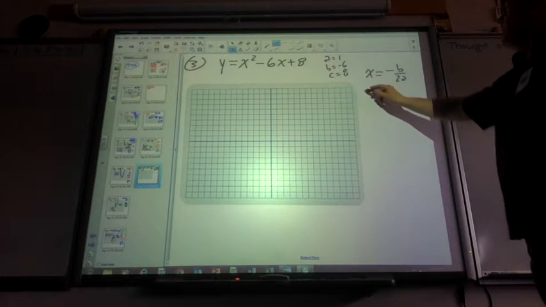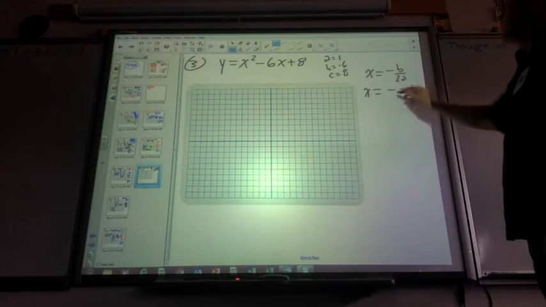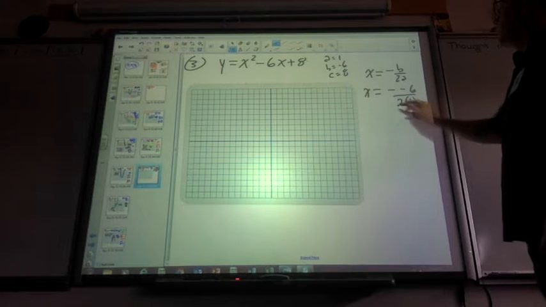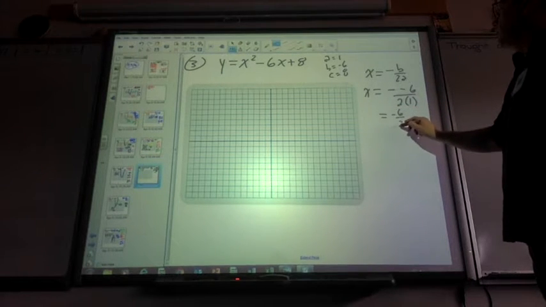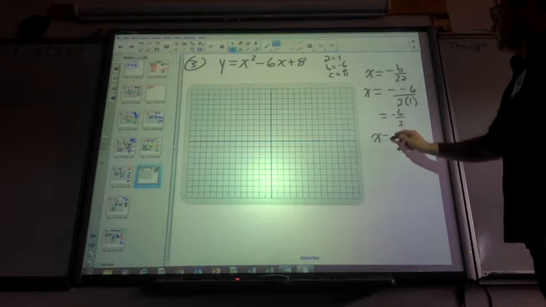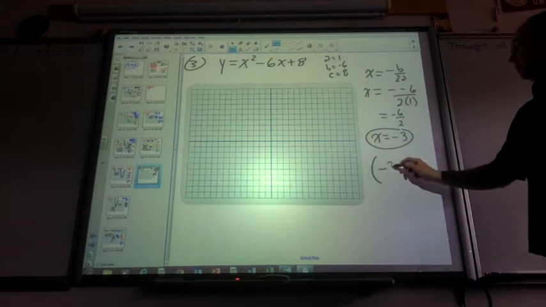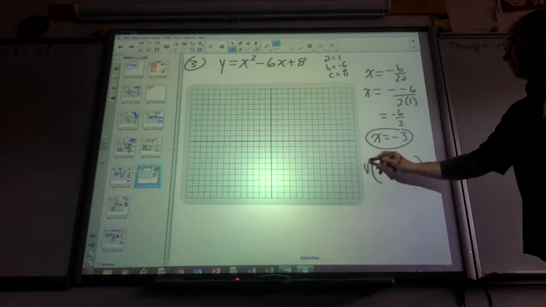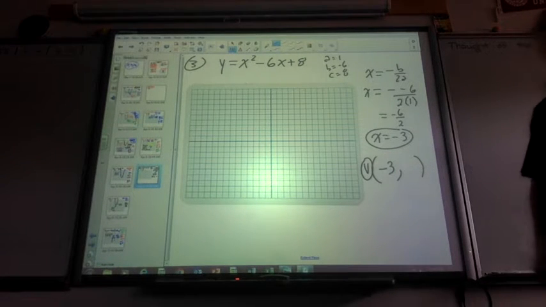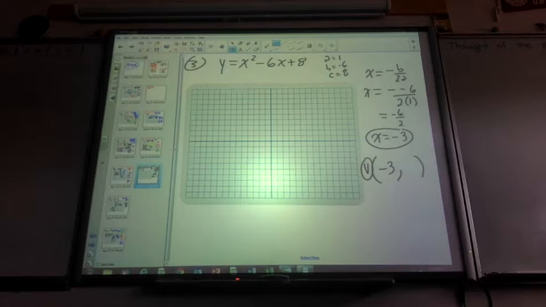So I'm going to plug in x equals negative 6 over 2 times 1. So I get negative 6 over 2, so x equals negative 3. That's my axis of symmetry. My vertex is going to be at negative 3 comma something.